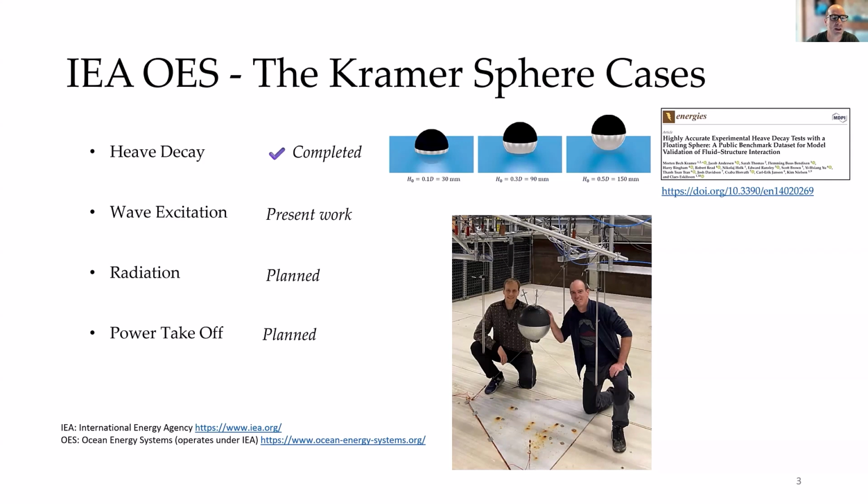We have already completed a study with heave decay tests where all the results have been published and can be downloaded for free. The present case I will demonstrate in the next slide is for wave excitation forces. If you would like to know more about these sphere cases, please check out the supplementary material for this event.